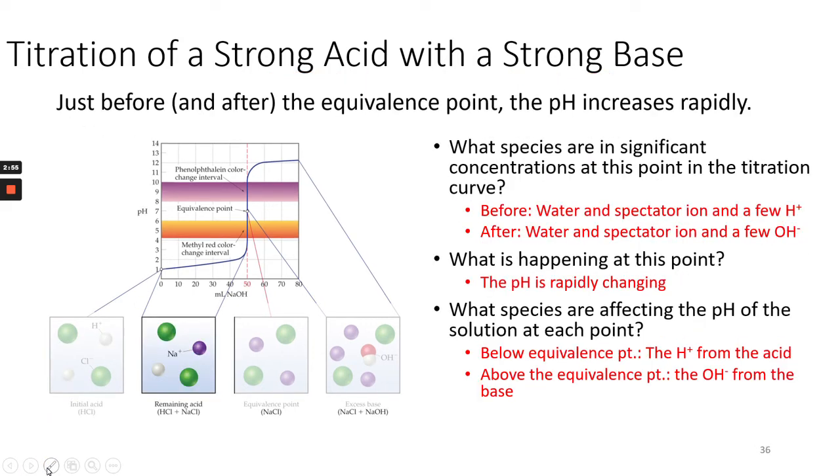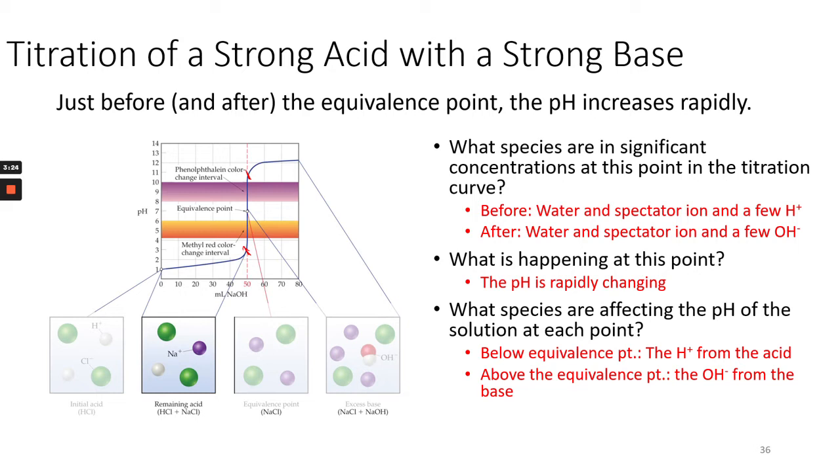Now, what happens just before and after the equivalence point? So we're here to here. What species are in significant concentrations at this point? Before, right here, you're going to have water, your spectator ions, and just a few H+. After, you're going to have water, your spectator ions, and a few OH-.